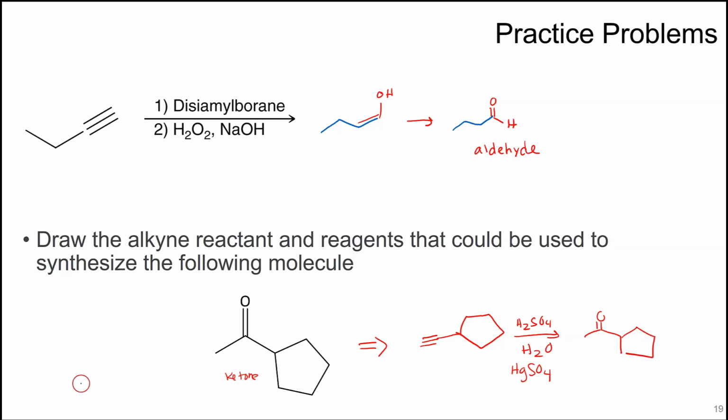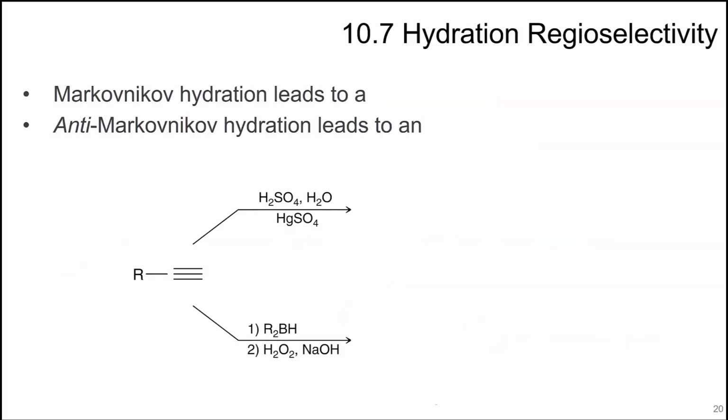You could try to do an alkyne if you wanted to choose a different spot to put the alkyne. Here, this would not work because we have 5 bonds to carbon. We can do Markovnikov hydration. So just a quick review, the Markovnikov hydration will lead to a ketone.